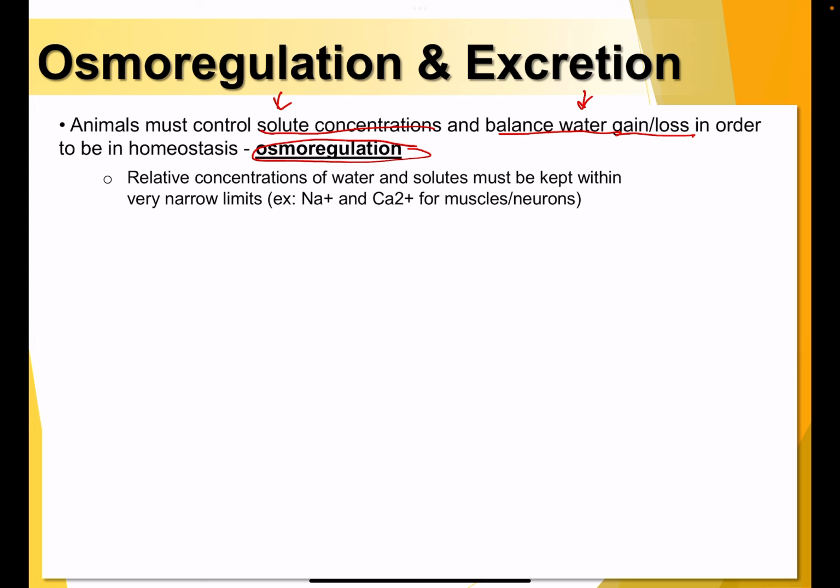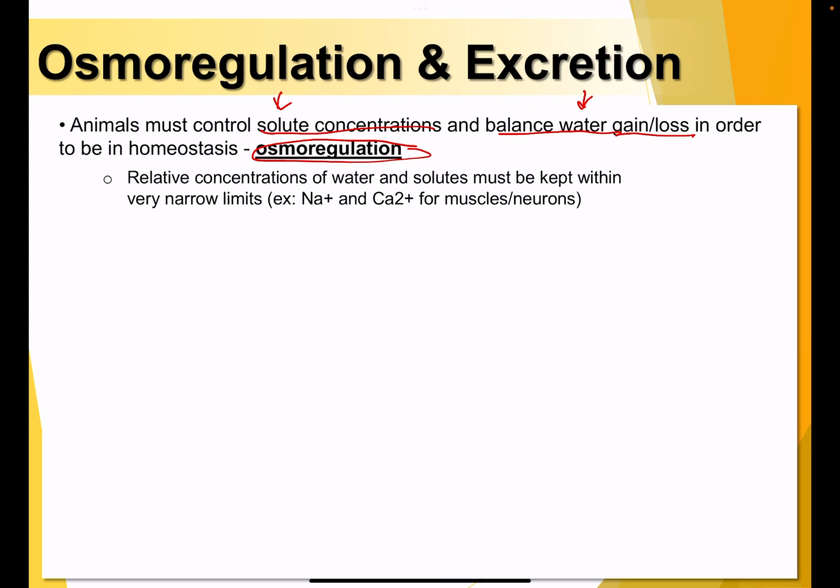Why that's the case is because sodium ions and calcium ions function for muscular and neural functions. So without these ions being in the right concentration, we're going to be in trouble because both of these have to be in homeostasis as well. So not only does water have to be in homeostasis, the amount of specific salt or ion you have in the body is also within a specific limit.